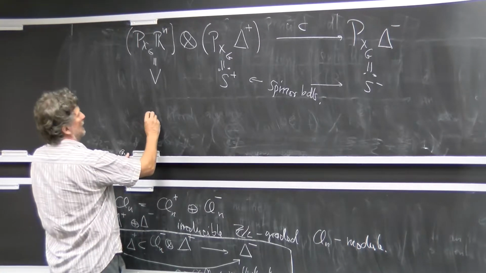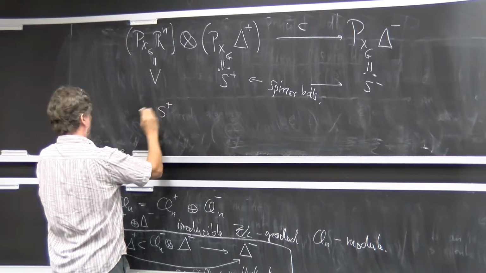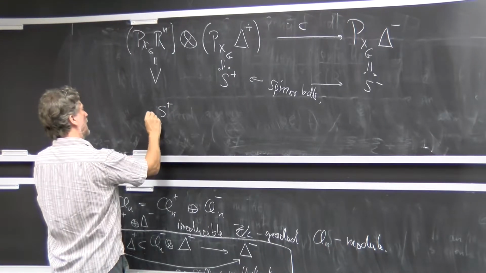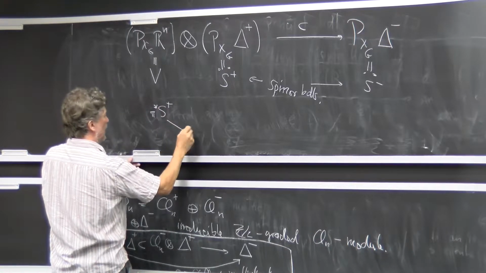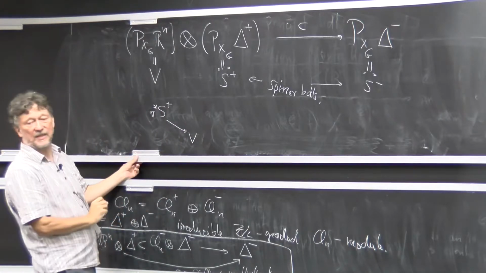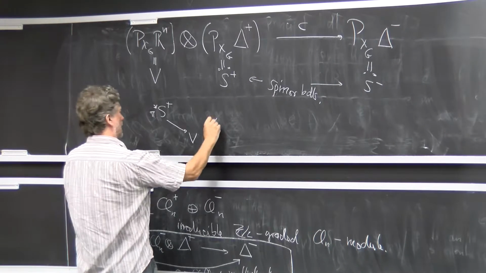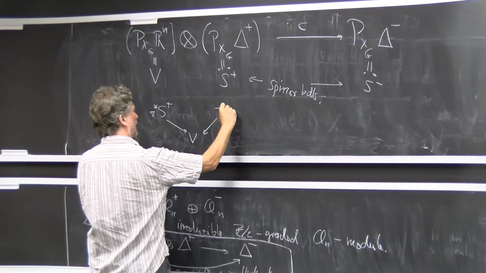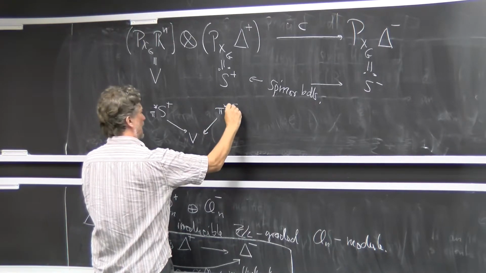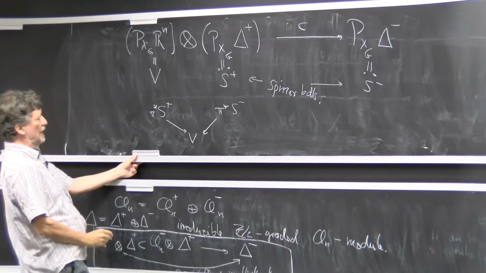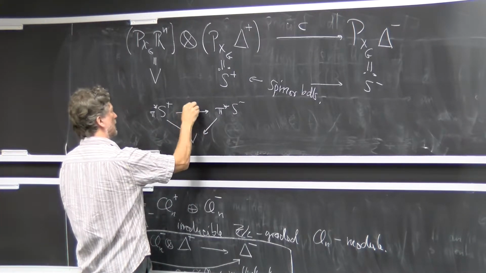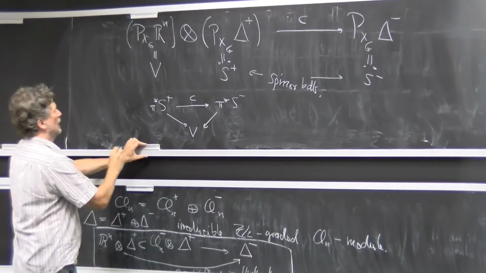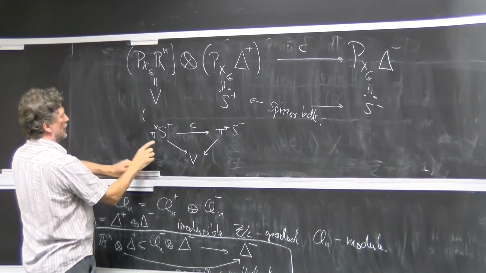So I write down pi star S plus. That's now a bundle over the total space of my vector bundle V. Same thing, pull back S minus to the total space of V. And there I have this map given by Clifford multiplication, or written down more explicitly: what's an element in here?